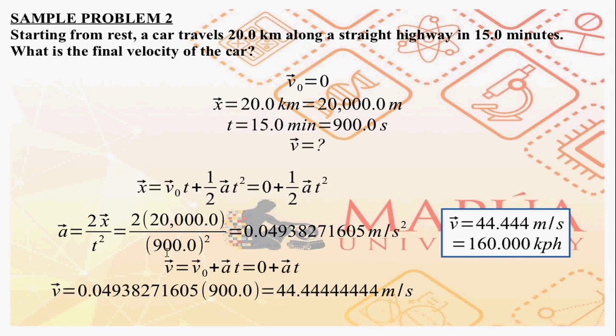Plugging in the values, we are able to get a to be 0.04938271605 meters per second squared. We got an answer, but that's not the answer that we are looking for. We are looking for the final velocity, so we are not yet finished with our solution.